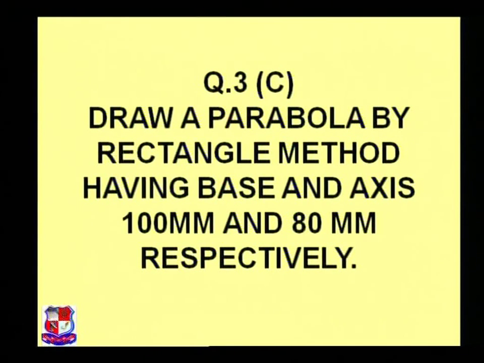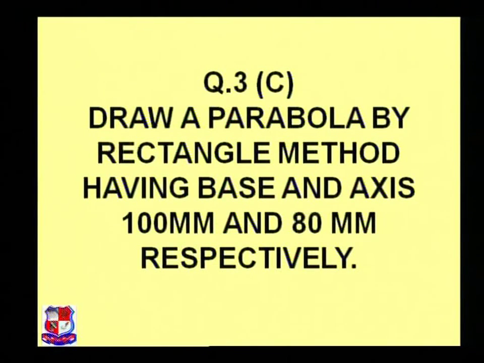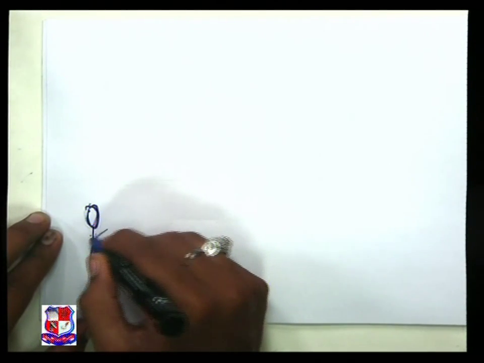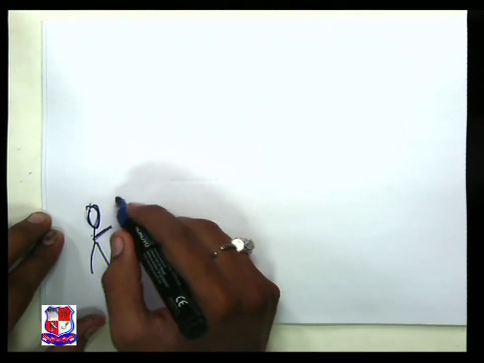What is parabola? If we will see this with some graphical representation. Let's say that one man is standing over here, and in his hand he is having a ball.